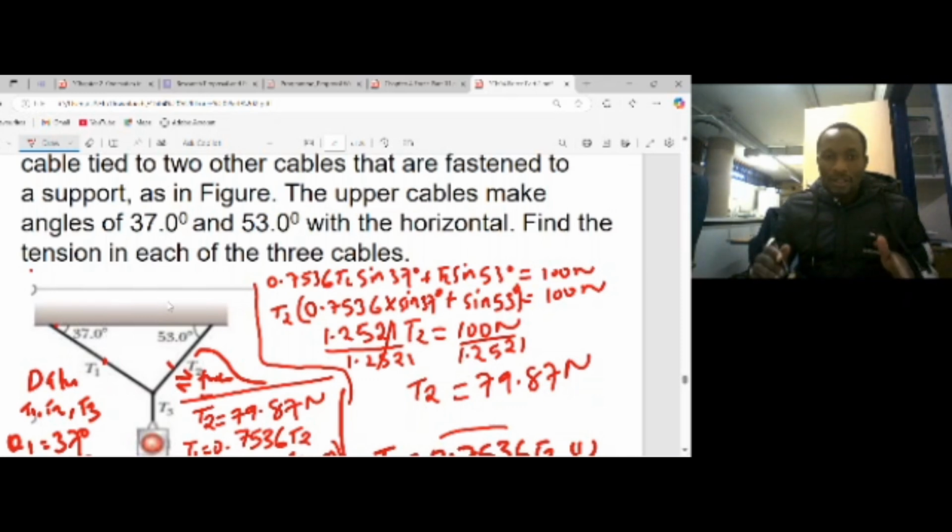All the forces, be it tension on cable 1 or T2, in the x components are going to be at equilibrium with each other. And then you look at the vertical equilibrium, meaning the sum of the tensions T1 and T2 in the y components must be at equilibrium with the weight, which is 100 Newton. And from there, you solve it.